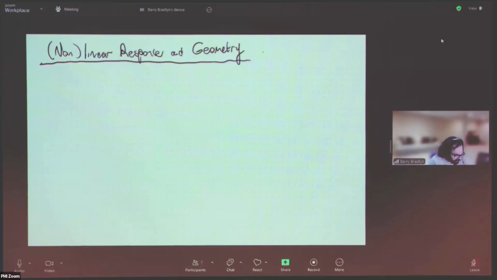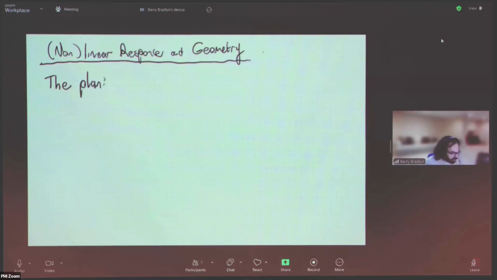My goal here is to help us all develop a solid foundation in the theoretical connection between these 2 seemingly distinct areas. I very ambitiously titled this Nonlinear Response in Geometry, but in the interest of doing one thing well instead of doing 2 things poorly, the plan for this talk is going to focus mostly on linear response in geometry.